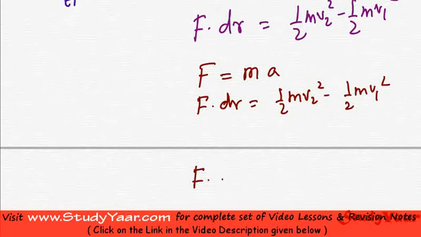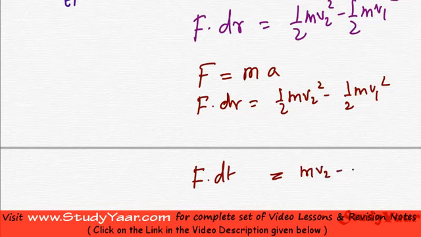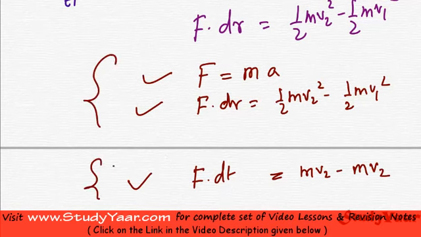And F dt equals mv2 minus mv1 relates force, time and velocity. Depending on the type of question, you should use the one of these three that gives you the answer in the quickest possible time. All three can be used to get to our results.